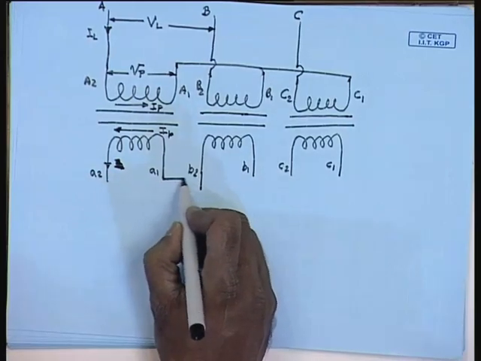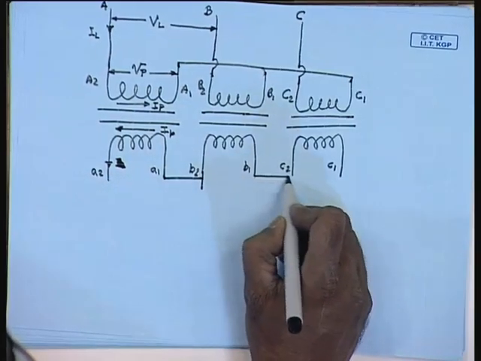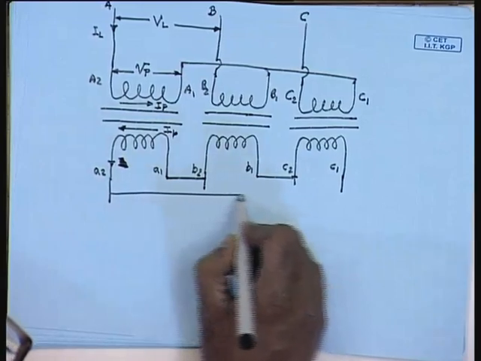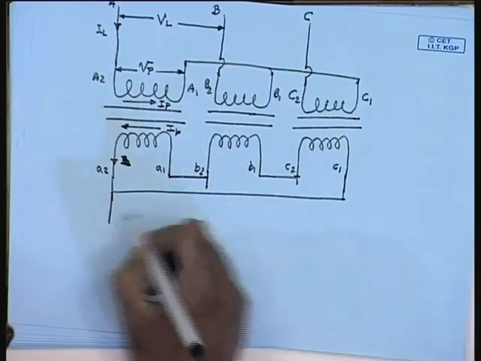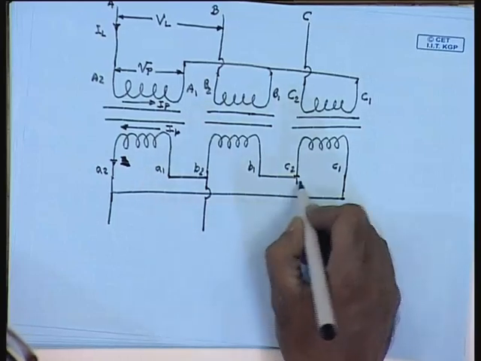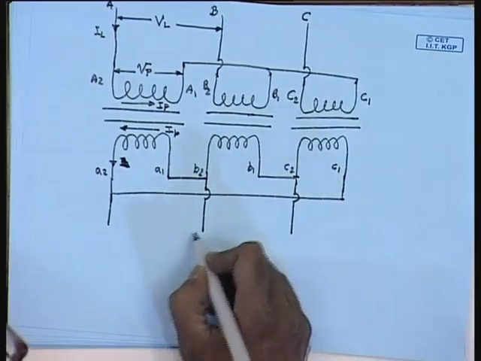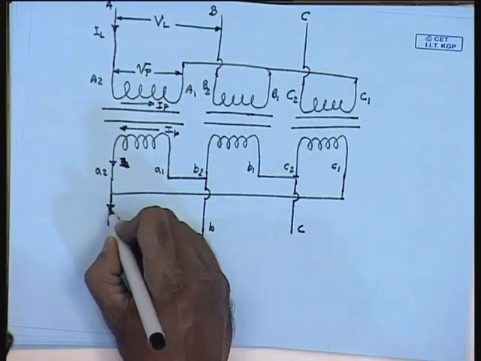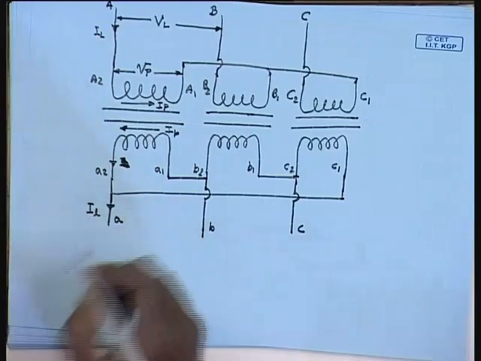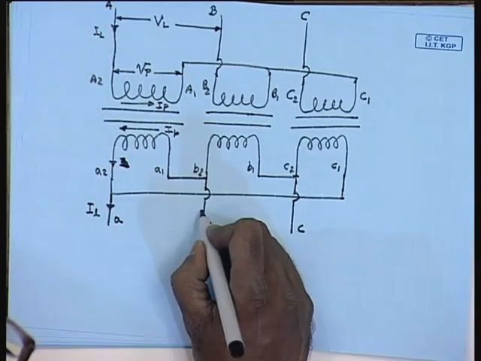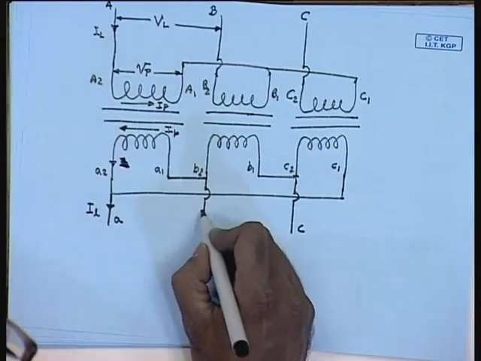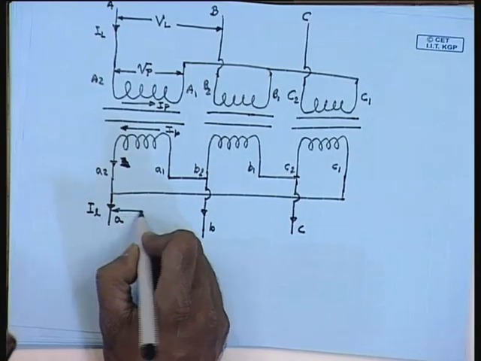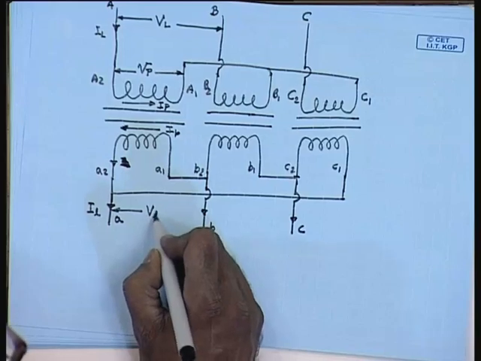For that we connect a1 to b2, b1 to c2 and c1 to a2. We still get supply from the terminals a2, b2, c2, which constitute the low voltage lines a, b, c. This is the low voltage line current I_l, and this is the low voltage side line voltage V_l.